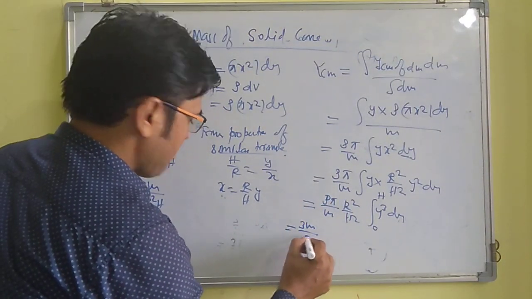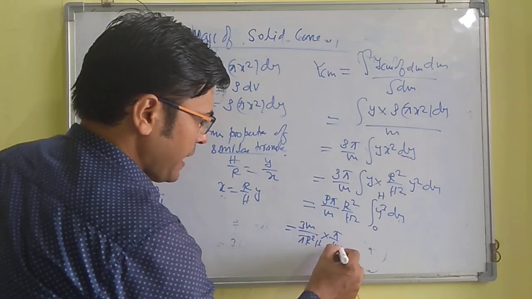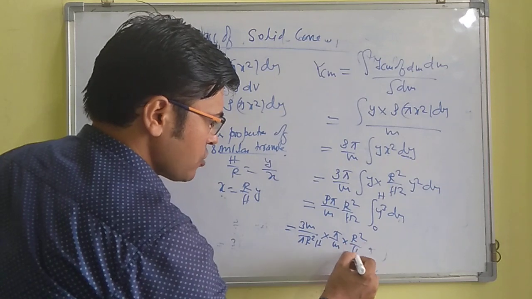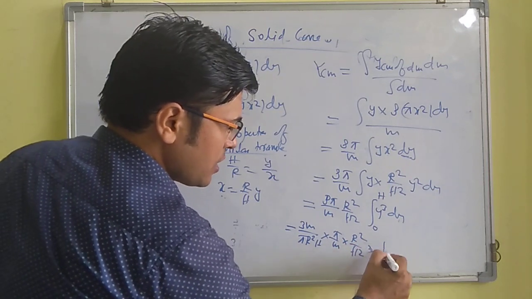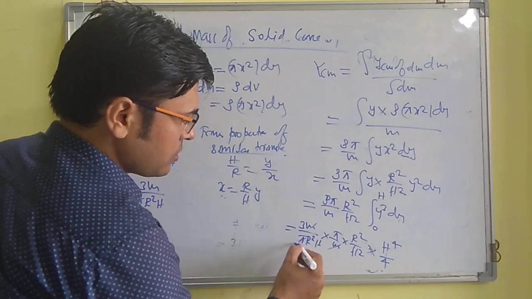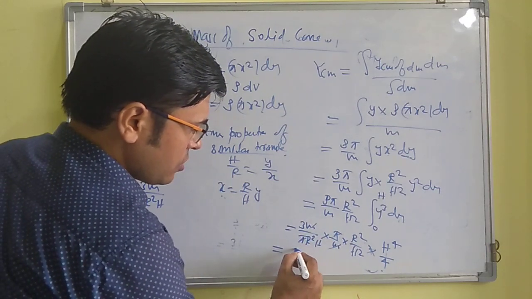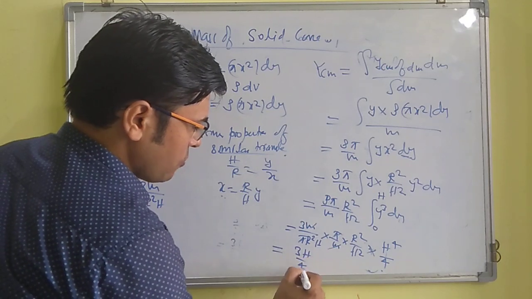So integrating it between 0 to capital H and putting the value of rho from here, this comes to be 3m by pi r square h into pi by m into r square by h square into h to the power 4 by 4. So this is cancelled out, it's also cancelled out. So this comes to be 3h by 4.